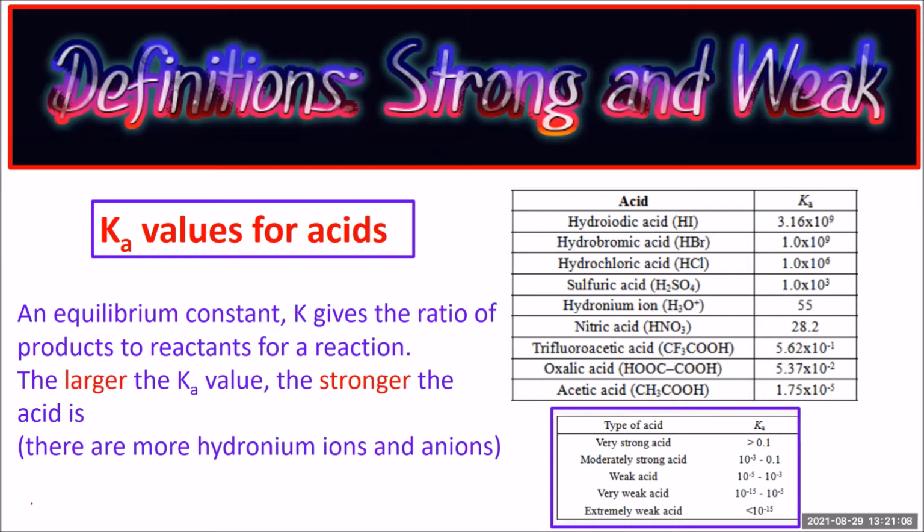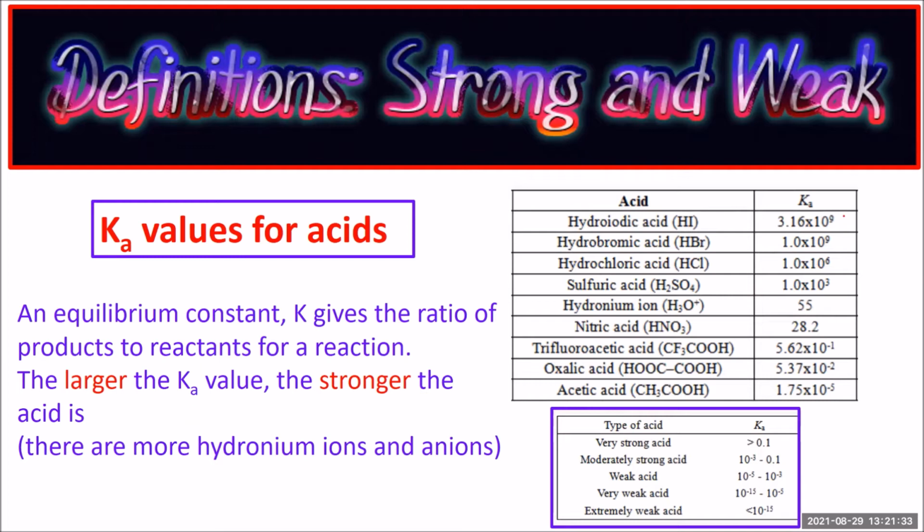Just means there are more hydronium ions and more anions being formed. So, of course, we have various strengths, even among the strong acids. So we have here the strongest of the acids, hydroiodic acid, HI, with a Ka value of 3.16 times 10 to the 9th.